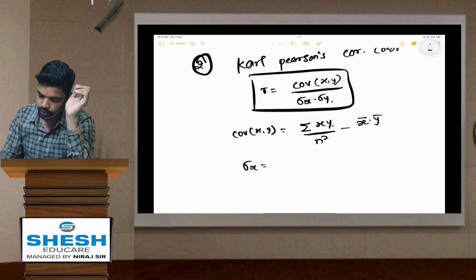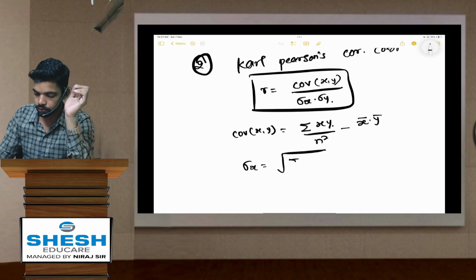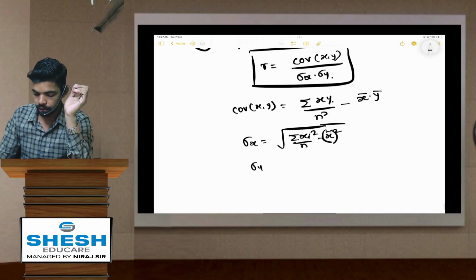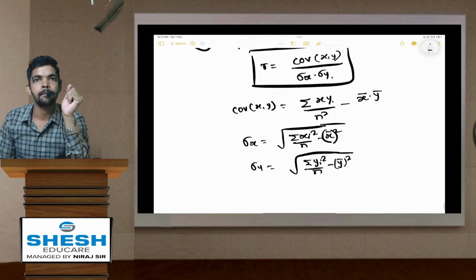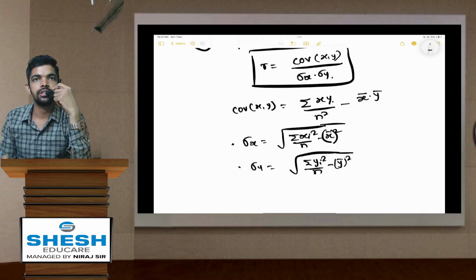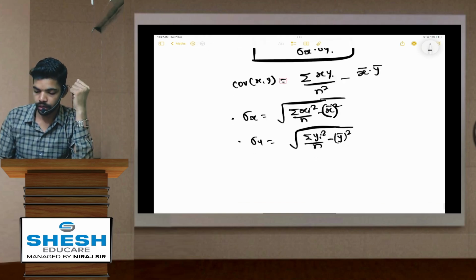The formula for standard deviation of x is root of summation xi square upon n minus x bar the whole square. Similarly, sigma y is root of summation yi square upon n minus y bar the whole square. Sigma x, sigma y are the standard deviations of x and y.